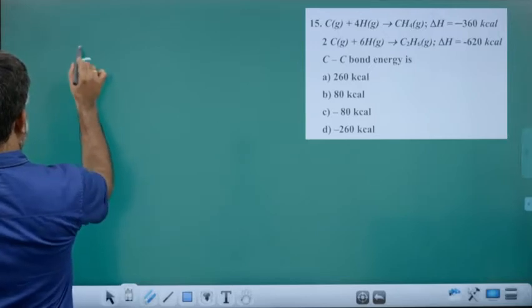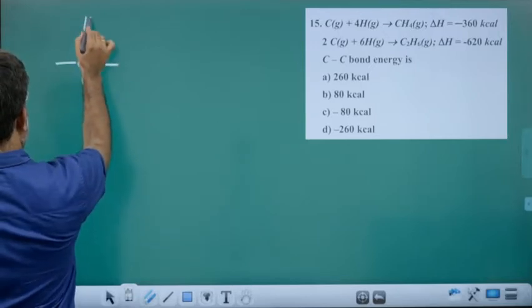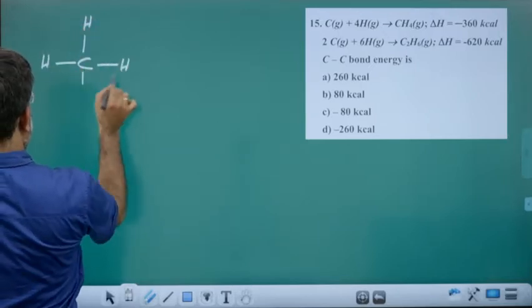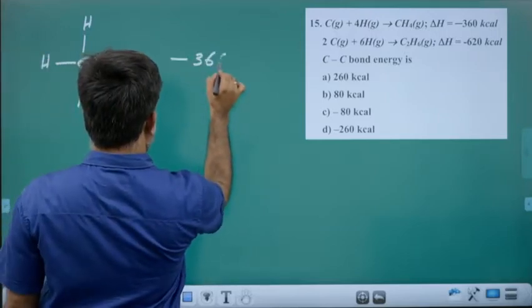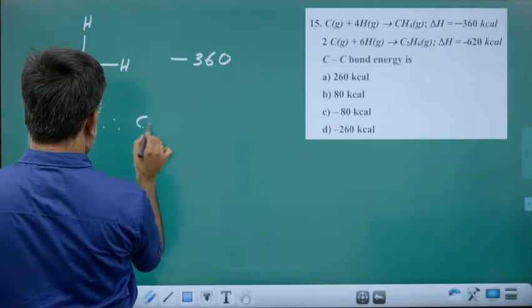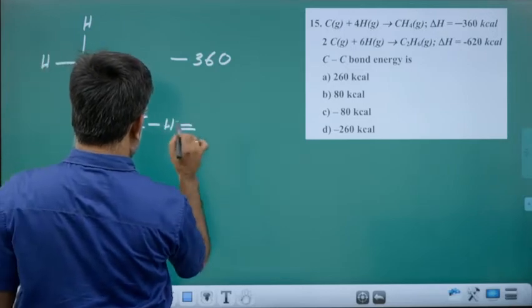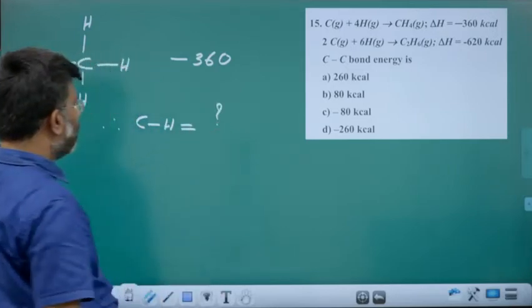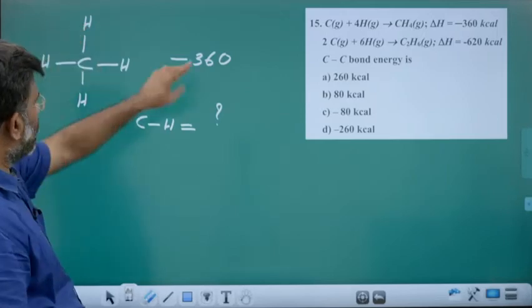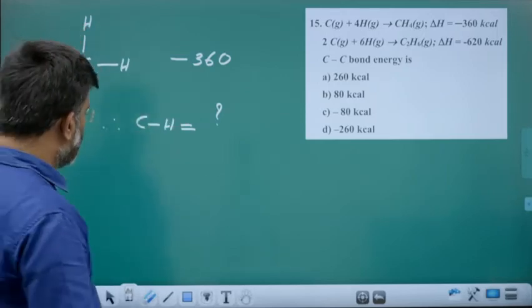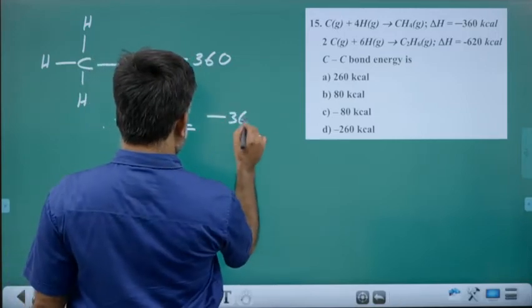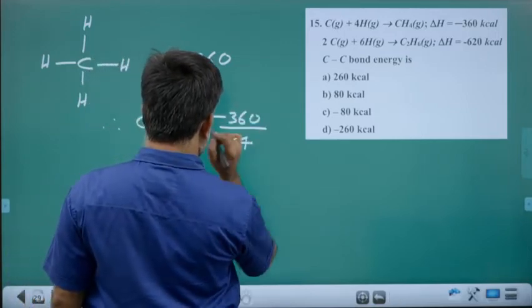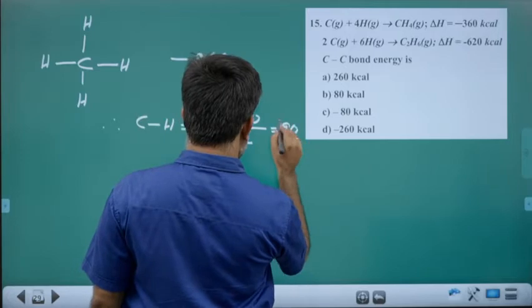That means for these four bonds forming, the data is minus 360. Therefore, 1 carbon hydrogen bond, how much is it? 4 bonds, 360. 1 bond, how much is it? It will be minus 360 divided by 4. You get 90.